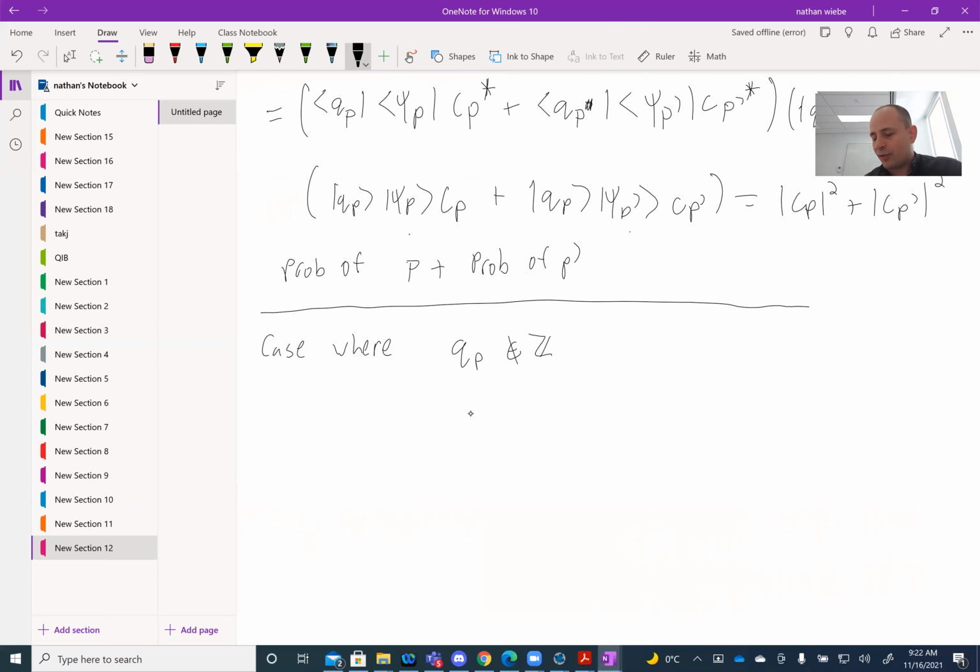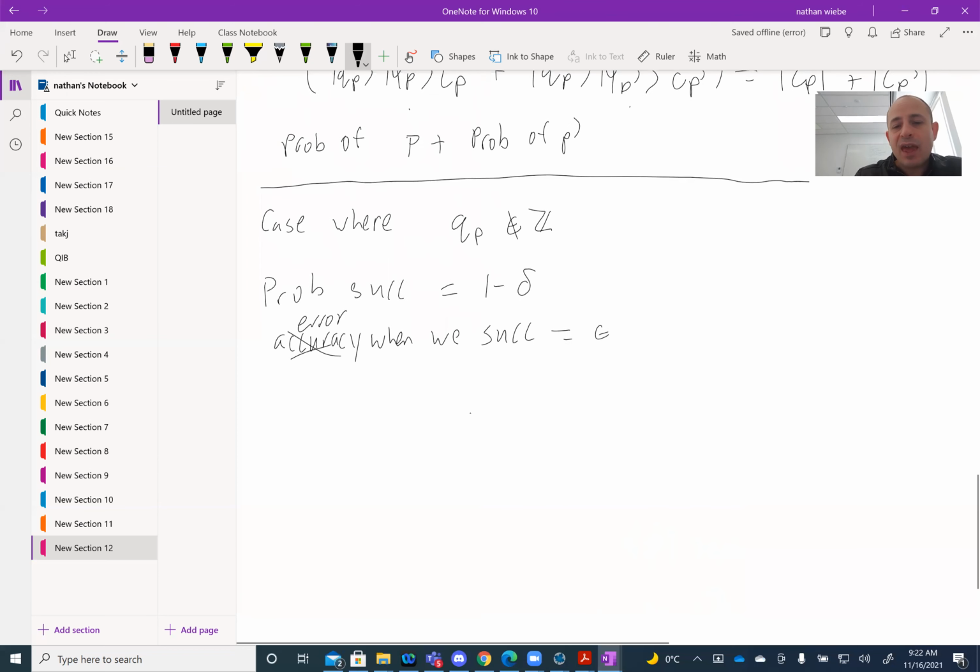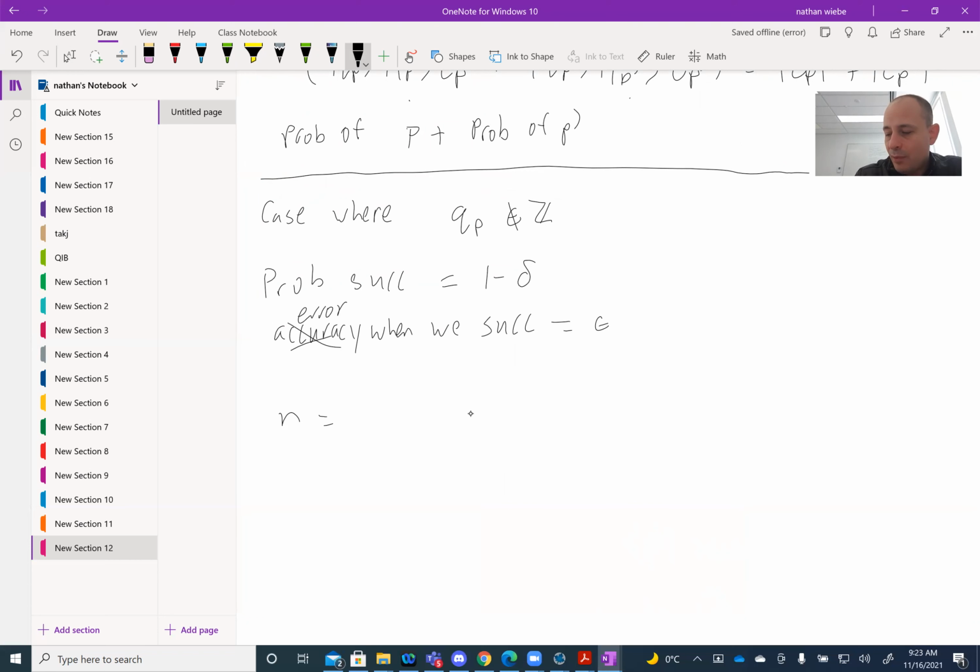Basically, what we ended up showing last time is that if we want to shoot for a probability of success equal to 1 minus delta, and we want the error when we succeed to be equal to epsilon, then the value of n that we need to take ends up scaling like n equals ceiling of log base 2 of pi over epsilon plus ceiling of log base 2 of (2 plus 1 over 2 delta).